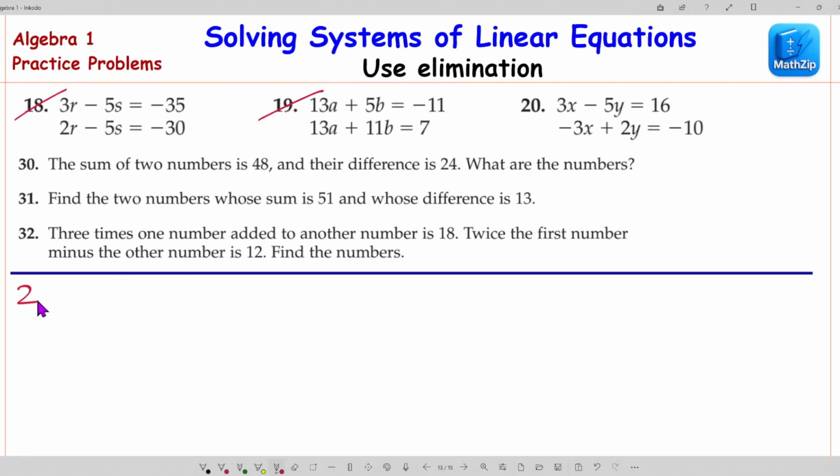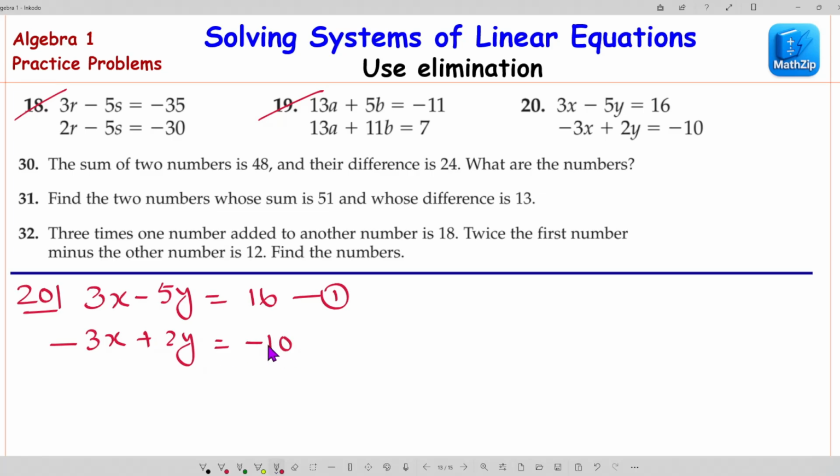Number 20. 3x minus 5y equals 16. This is equation 1. And minus 3x plus 2y equals minus 10, equation 2. So we can make addition.